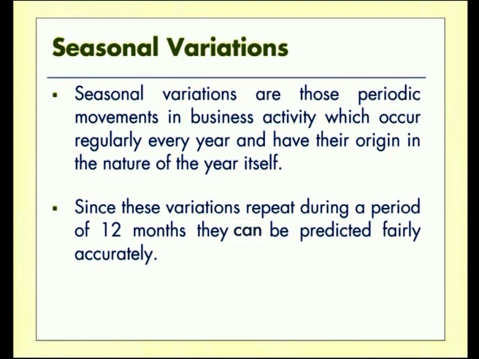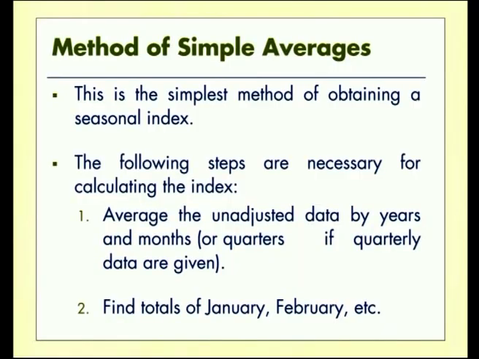How to measure the seasonal variations? One of the methods for calculating seasonal variations is the method of simple averages. How to deal with this method? The steps are discussed here. This is the simplest method of obtaining a seasonal index. The following steps are necessary for calculating the index. Step 1.